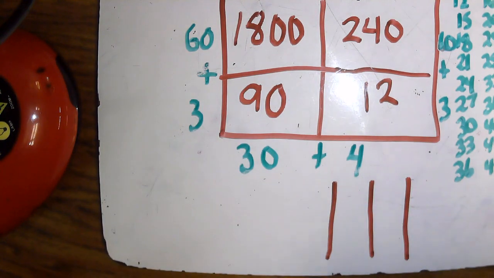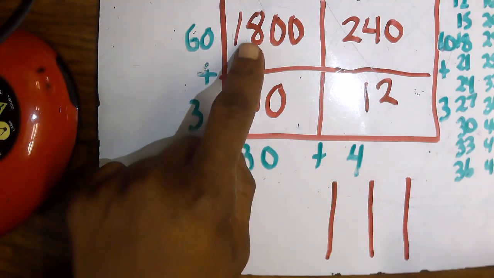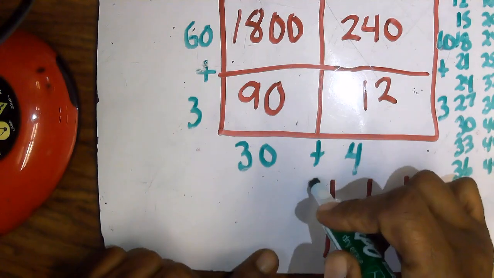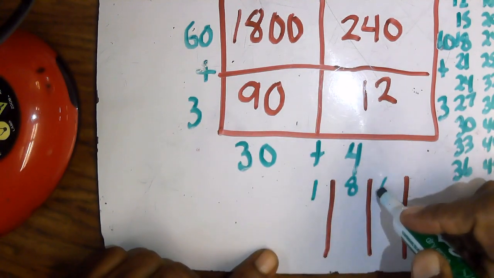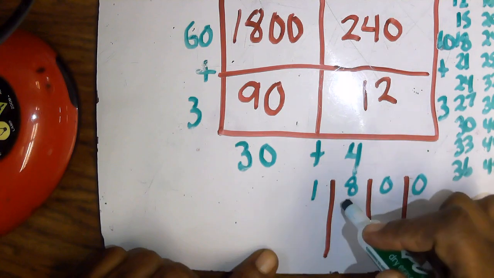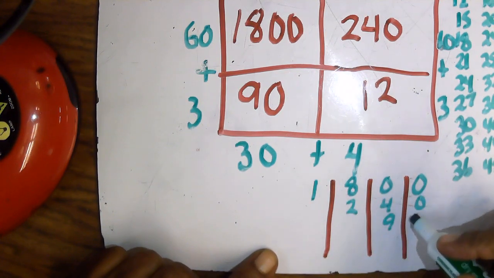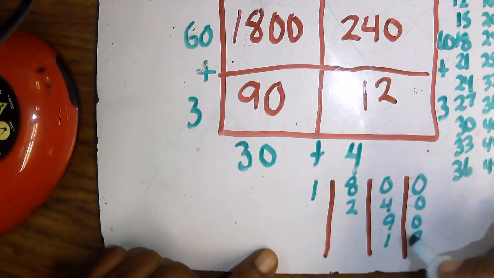Okay, so I did 3 lines because we have 4 numbers. So we have 1,800 and 1,800. And I always tend to go largest to smallest. Either way, it's still going to come out with the same answer.